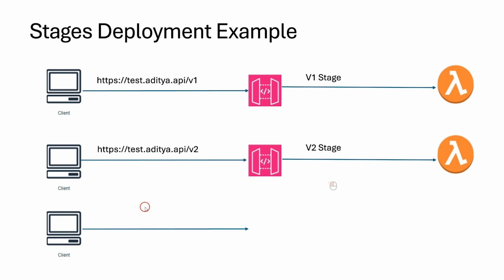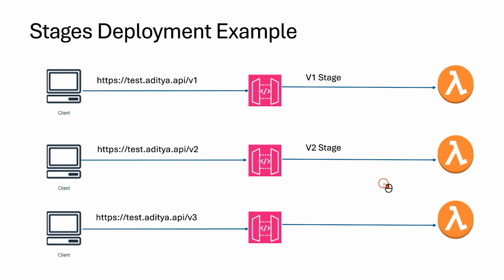Similarly, if you have another client and you have some issues in this backend, or you have changed your backend itself to another Lambda function, then you can point to that Lambda function and create a new stage. All the newer clients can use this V3 stage. The V2 and V1 clients can still consume those stages, and if they want to migrate in future, they can migrate to the V3 stage.